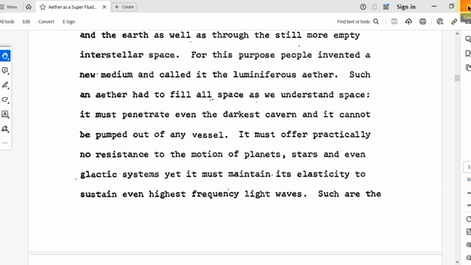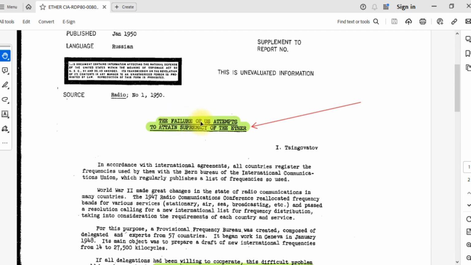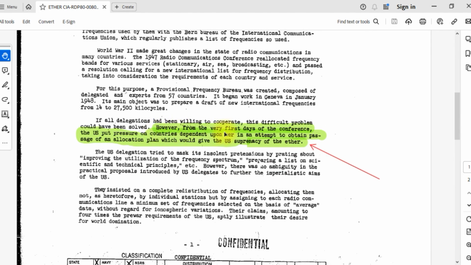Freedom of Information Act. The last one here for today, this CIA document, also the failure of U.S. attempts to attain supremacy of the Aether, 1950. However, from the very first days of the conference, the U.S. put pressure on countries dependent upon her in an attempt to obtain passage of an allocation plan which would give the U.S. supremacy of the Aether.